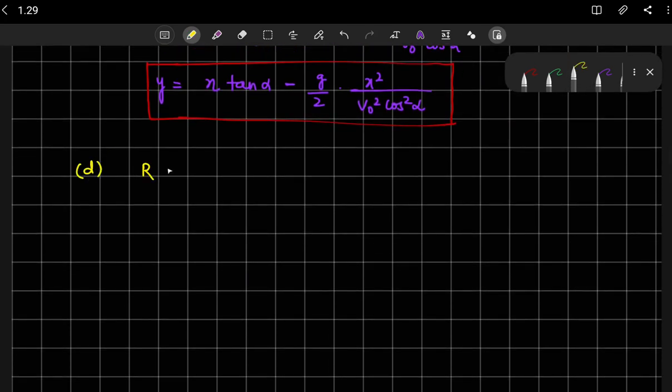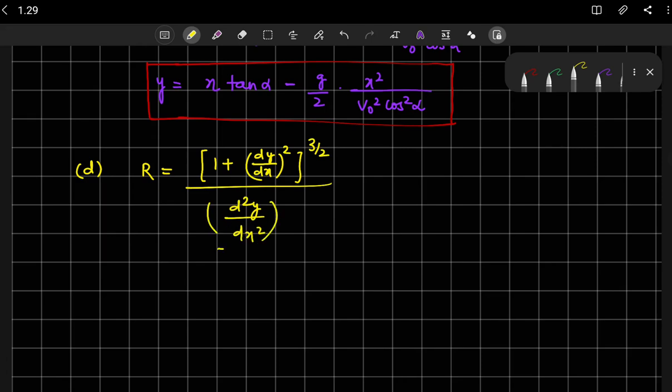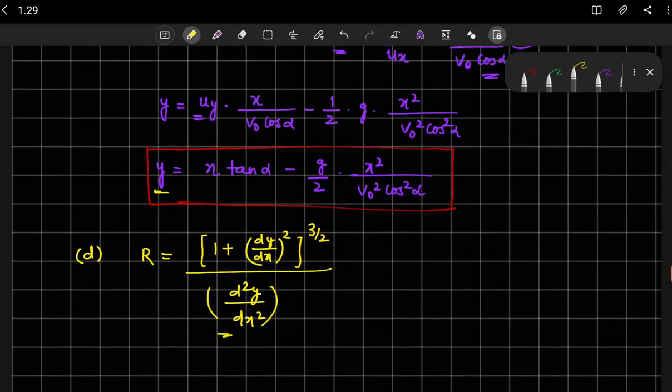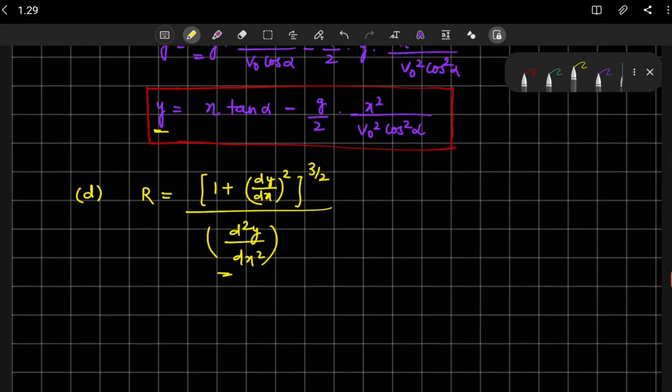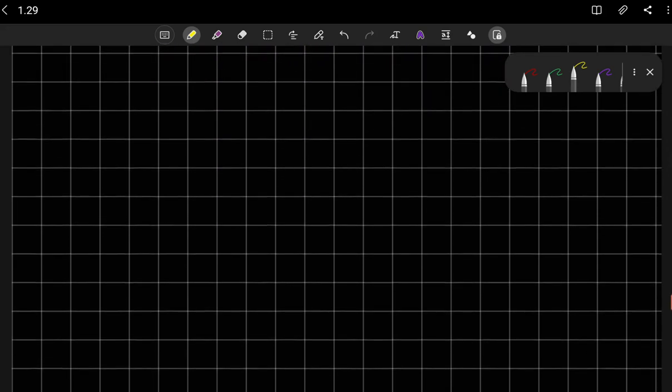So the radius of curvature we can write as (1 + (dy/dx)²)^(3/2) divided by d²y/dx². Now if we look at this particular function, differentiating twice and squaring is a very tedious task, so we will use a different methodology to solve.